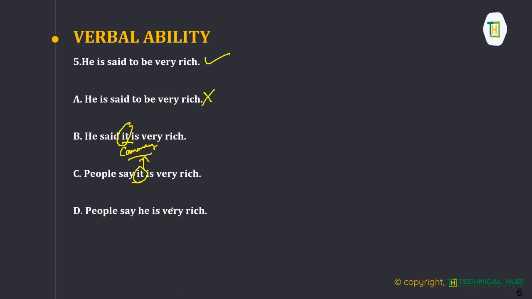That is the answer, and this is the final answer. Most of the answers are in the question only. So please start eliminating the answers so that you could easily come to the final answer, and that is option D. Okay. So moving to the next question.